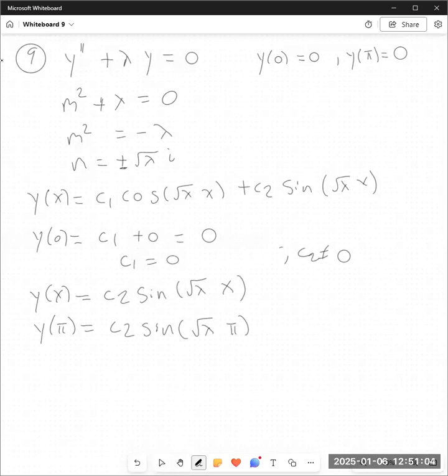So for simplicity's sake, I'm going to let c2 be equal to 1 and just eliminate it from the problem here. That way, any constant multiple of this eigenfunction that we get will work, which is what the value of c2 is telling us. So the easiest c to put in there is 1, and I'm just dealing with this other part now. So that's going to be equal to 0.